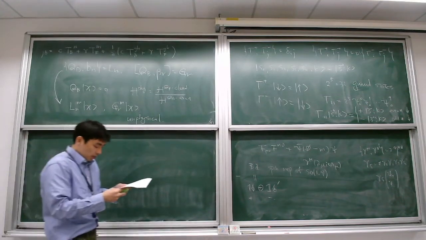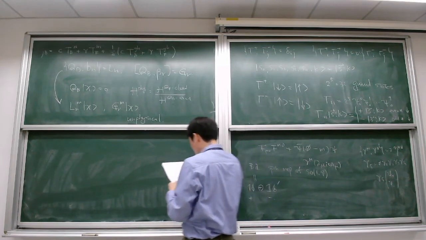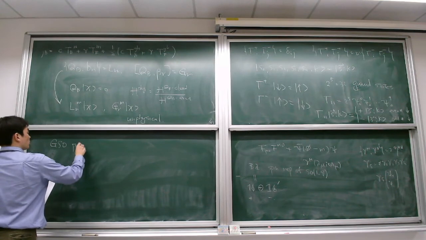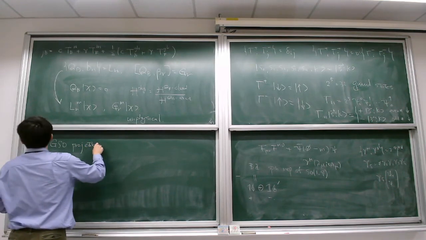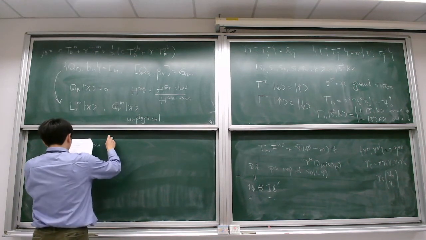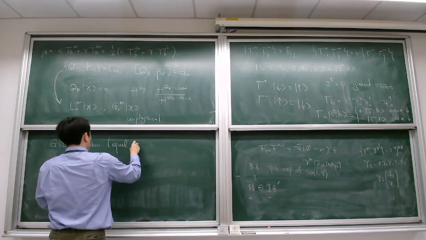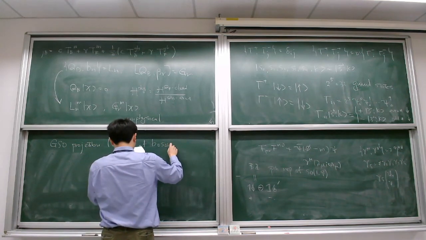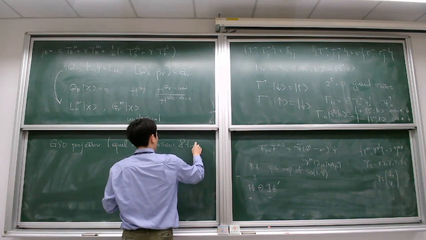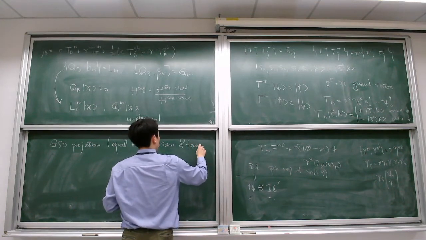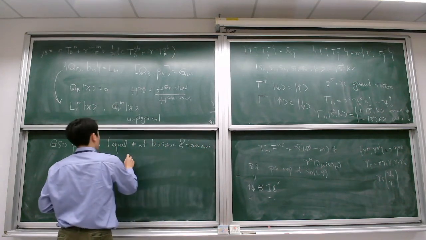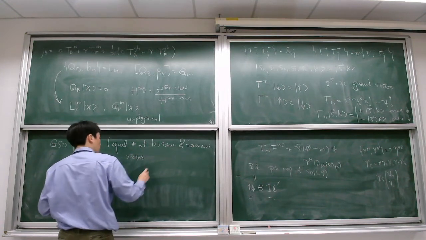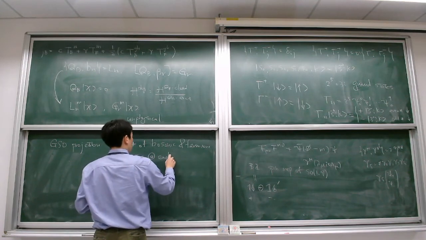And furthermore, you need to impose the so-called GSO projection. The purpose of the GSO projection is to have an equal number of bosonic and fermionic states at each mass level.